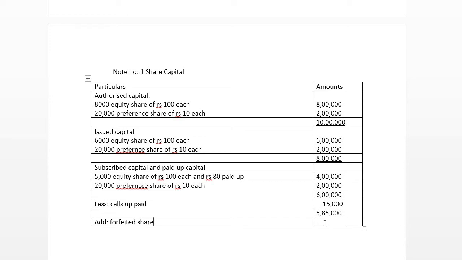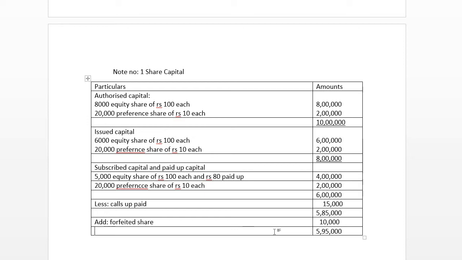Assume that the amount of the forfeited share is 10,000. Therefore 5,85,000 plus 10,000 is equal to 5,95,000. This is the amount of share capital.